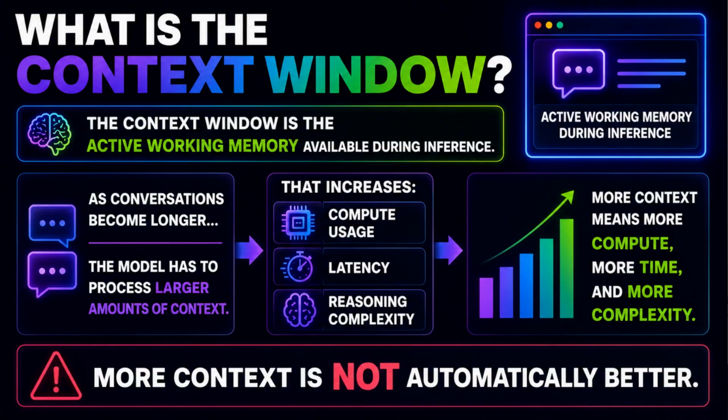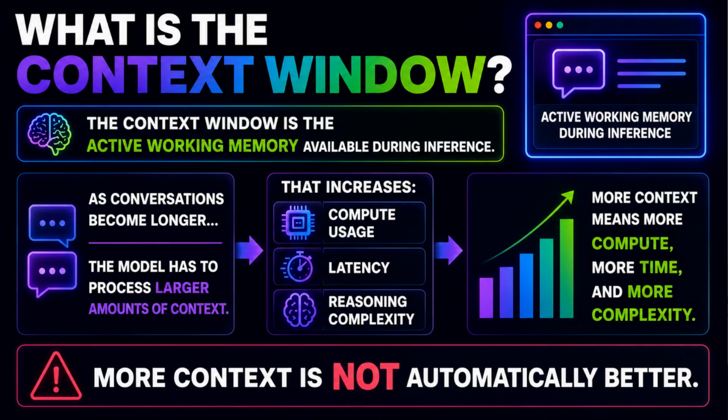Every single message, every response, documents, instructions, and conversational history, all of this consumes tokens. And all of those tokens accumulate inside the model's context window. The context window is basically the active working memory available during inference.